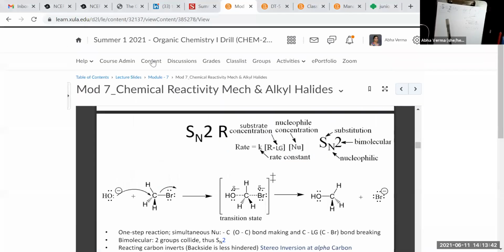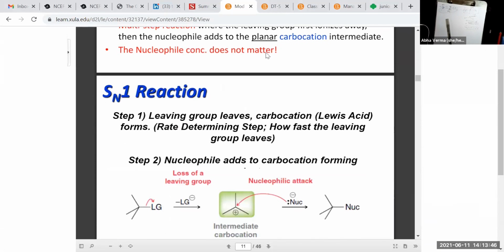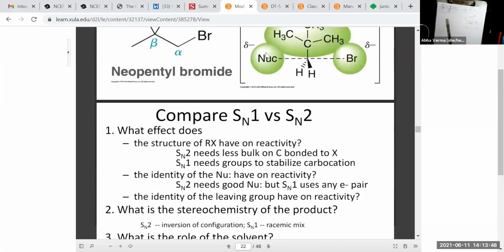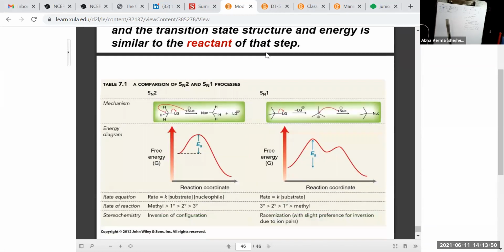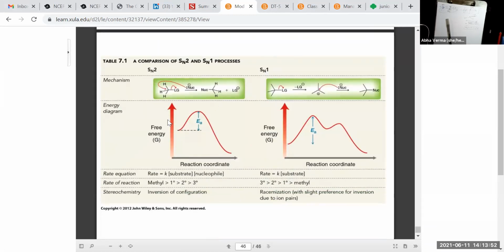And the first thing is the substrates. For SN2, you need smaller substrates. For example, methyl, primary, secondary. No reaction with tertiary substrates will you get for SN2.